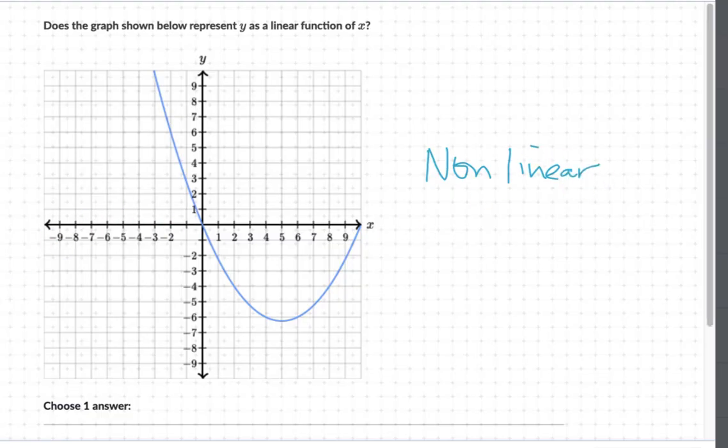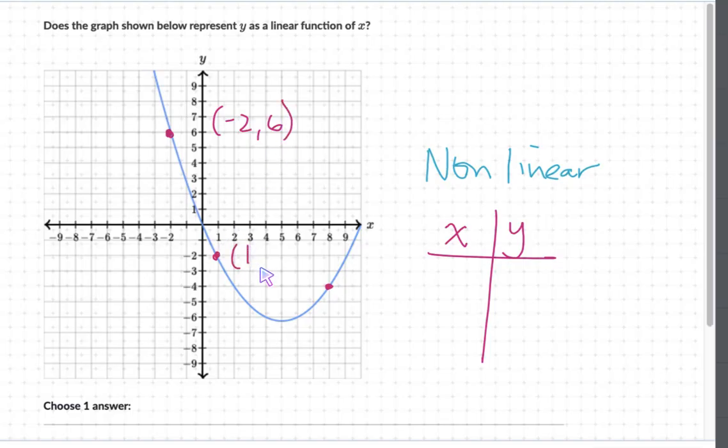If I wanted to create a table of values, let me choose some pretty points. That's also a pretty point, and that's also a pretty point. So I have (-2, 6), (1, -2), and (8, -4).